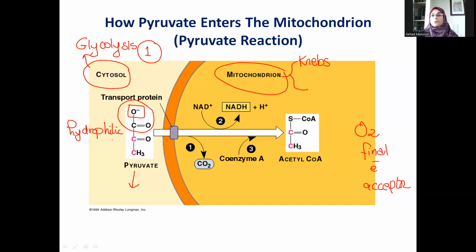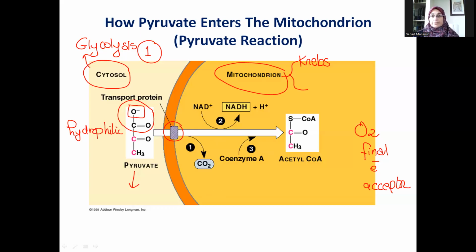It has to diffuse through the outer mitochondrial membrane and then through the inner mitochondrial membrane. And here we have a transport protein that helps pyruvic acid to diffuse through the mitochondrial membrane and enter the matrix of the mitochondria.